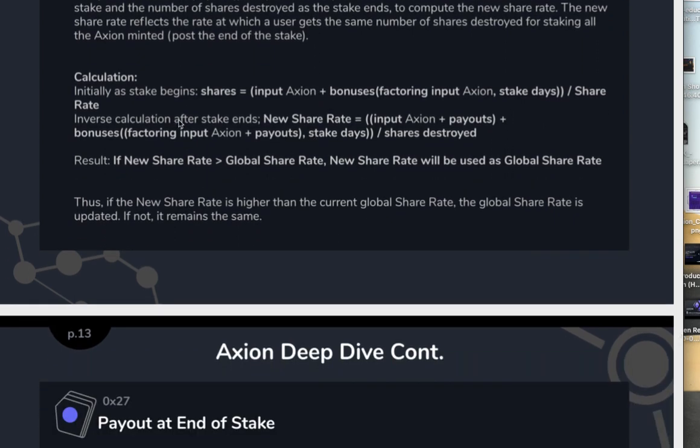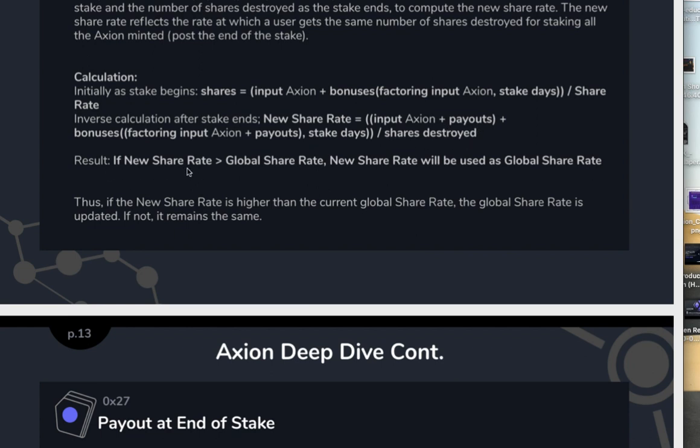Calculation: initially, when a stake begins, shares equal input Axion plus bonuses, factoring input Axion and stake days, divided by the share rate. Inverse calculation when the stake ends: the new share rate equals input Axion plus payouts plus bonuses, factoring input Axion, payouts and stake days, divided by the shares destroyed.